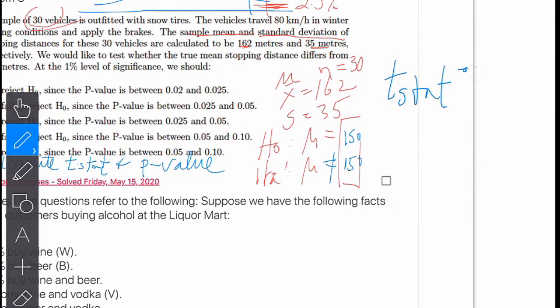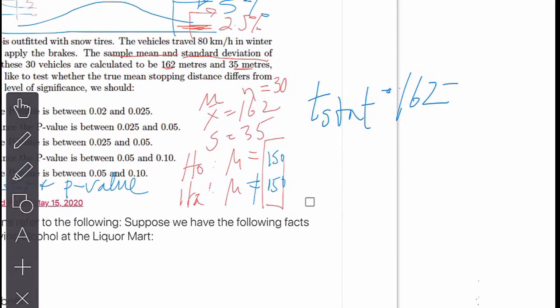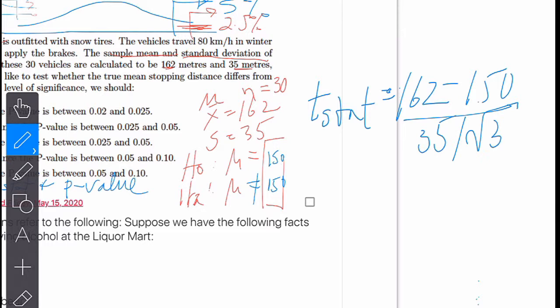We're going to standardize the evidence, which is 162 minus 150, divided by S, which is 35, divided by square root of 30. So you gotta put all that together and get your T value, your T-stat. That's your statistic, that's your value that you need to assess.